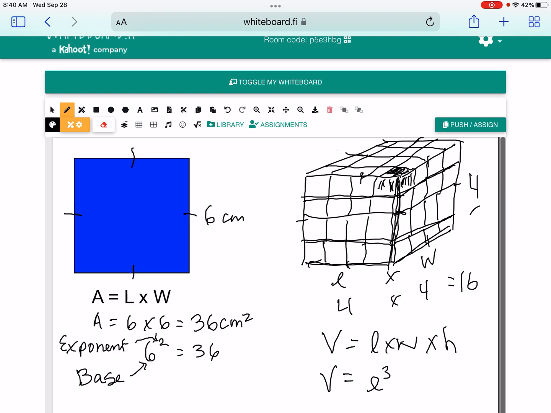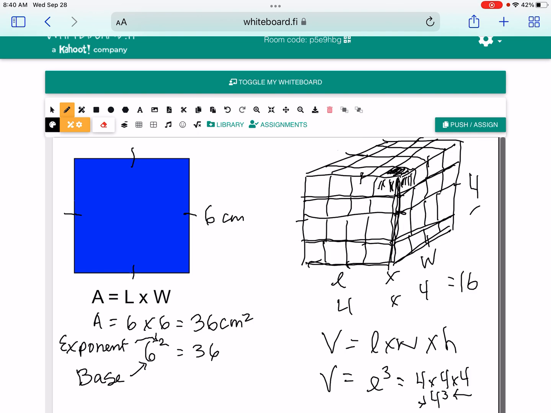So in this case, it is 4 times 4 times 4, or 4 cubed. The way we write it is, as you see, the base of 4 and the exponent of 3. So this is 4 times itself 3 times.